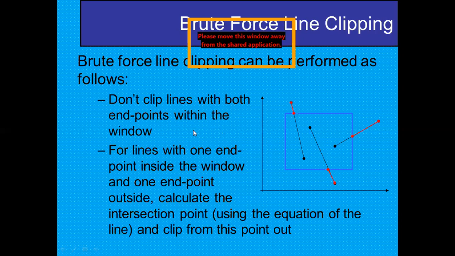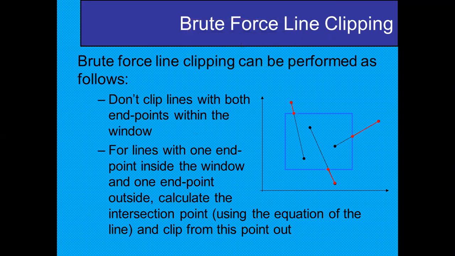So according to brute force line clipping, how will we perform this? First we will check whether both endpoints of the line segment are completely inside or not. If they are completely inside, not touching the window boundary, then no need to clip. So the first point under brute force line clipping: no need to clip these lines.